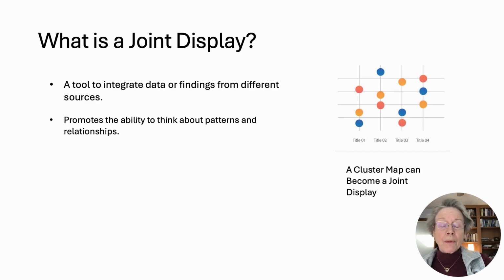And a joint display is simply conceived as any kind of visual display that juxtaposes generally qualitative and quantitative data from different sources to examine or identify or locate patterns within it. The big advantage of a joint display, like a spreadsheet, is it allows you to move back and forth between different sources of data to see patterns.